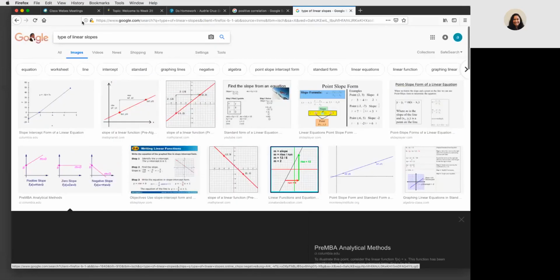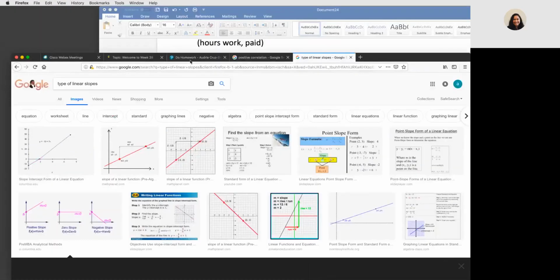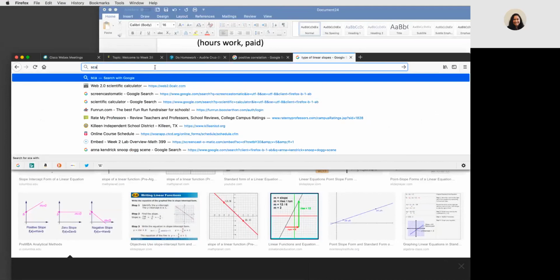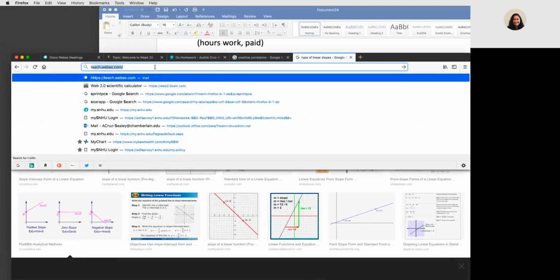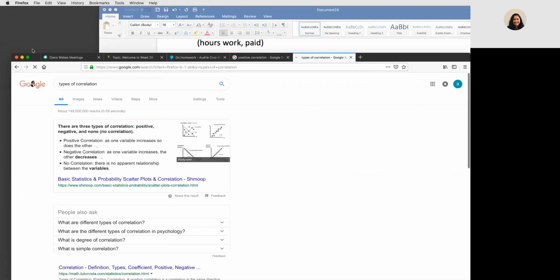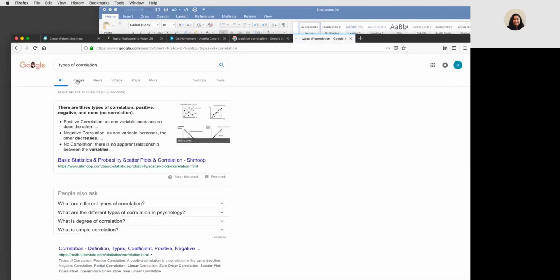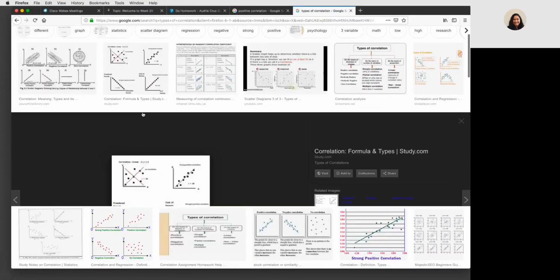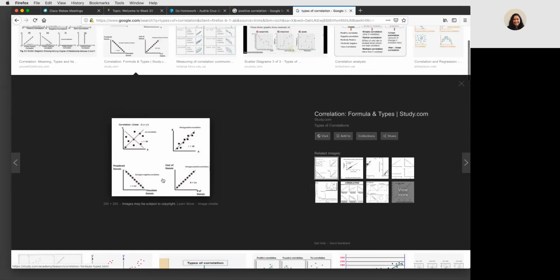So if you look over here, okay, let's look at this one. What kind of slope would this scatter plot have?